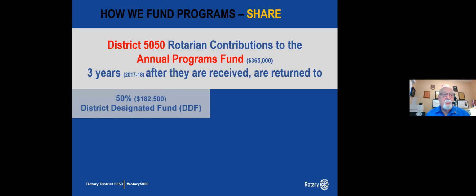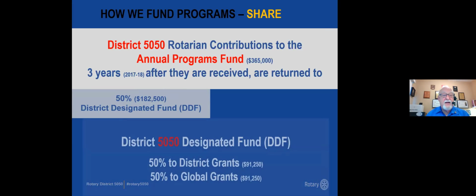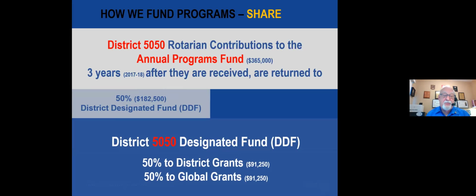It will come to us in what we call our District Designated Fund, DDF, and 50% of that comes back into that fund, or $182,000. We then take that and split it in half: 50% to our district grants, about $91,000, and 50% to fund global grants, again about $91,000.